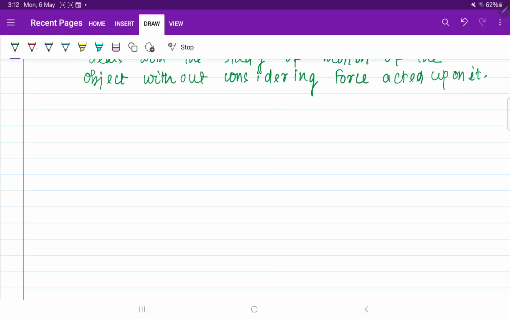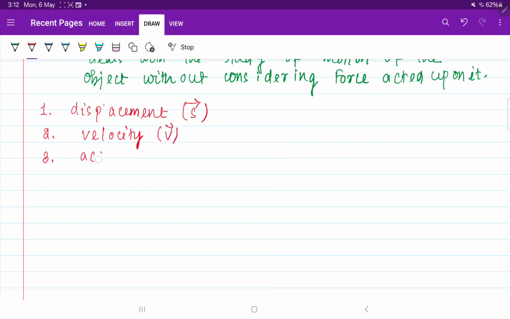So the main ingredients of kinematic motion are displacement, as it is a vector quantity, so we represent it with an arrow on top of S, velocity, and acceleration.